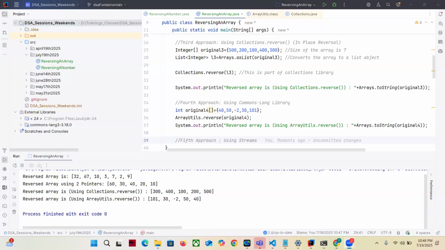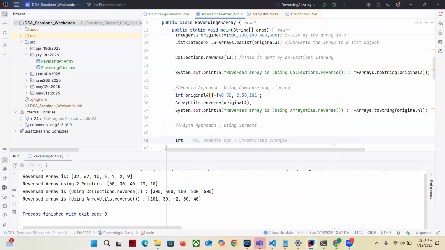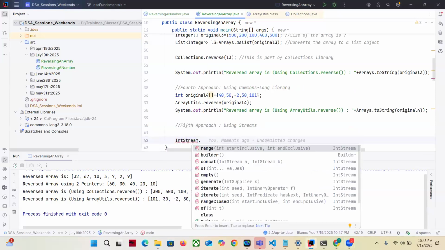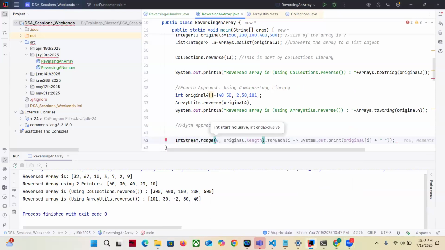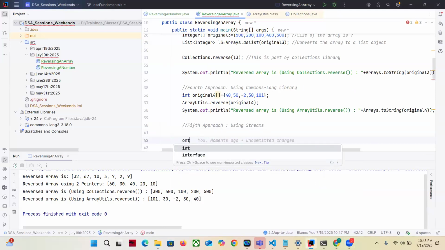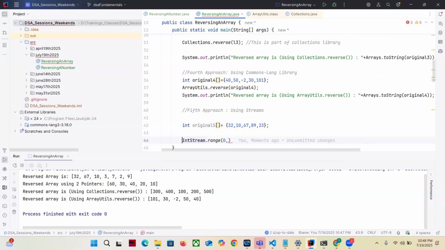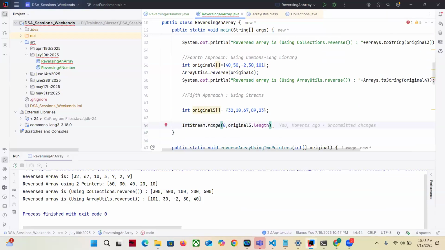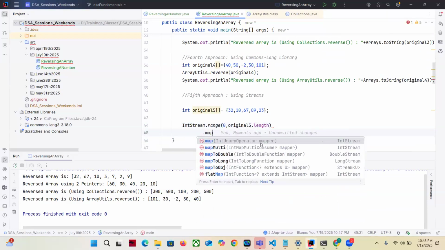Using streams. So what I will do here, I will say IntStream.range(0, original5.length), where int original5 equals 32, 10, 67, 89, 23. Clear? Dot map.